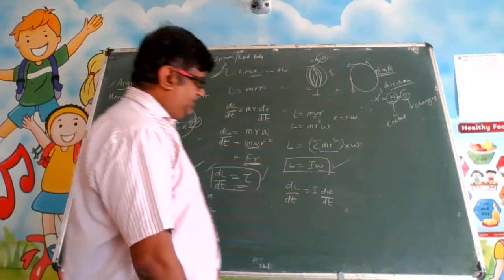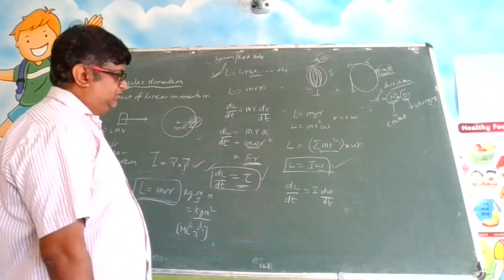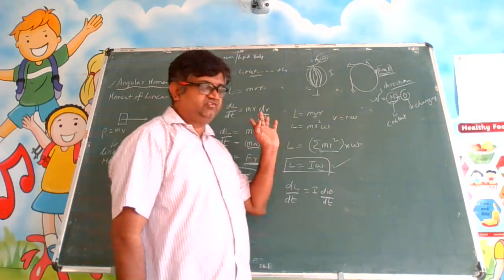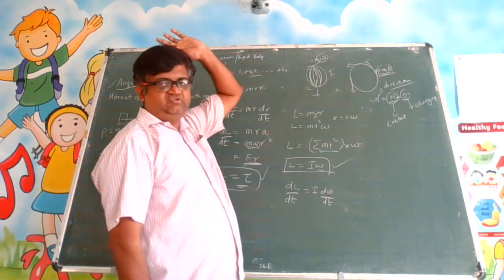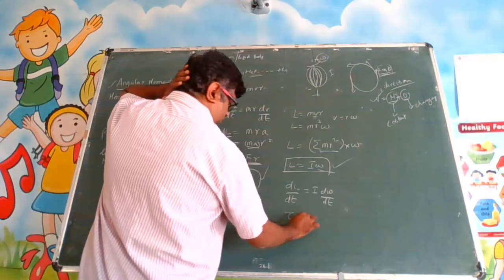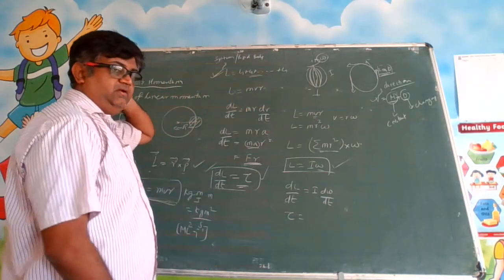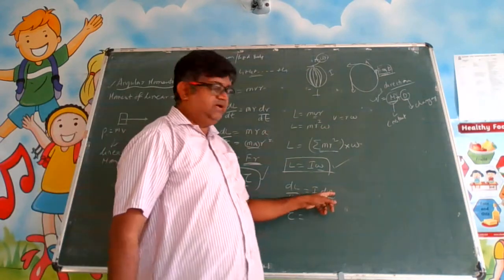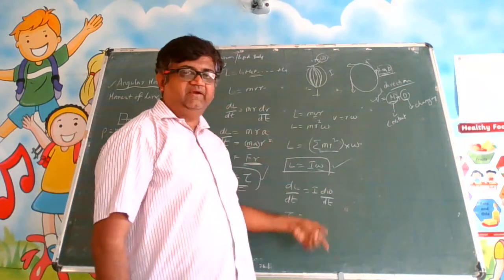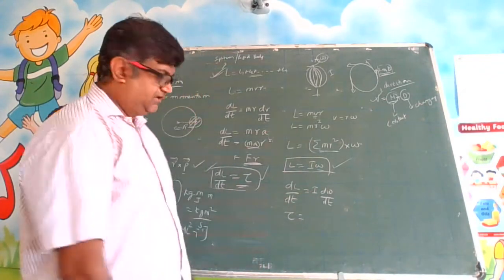I am trying to explain each and every step so that it is very, very crystal clear. So in this expression, I have taken I as constant because I cannot change, omega can change. So dL by dt is torque. Already you have got this expression. So what is this d omega by dt? Think about linear: dv by dt is linear acceleration. d omega by dt will be angular acceleration.